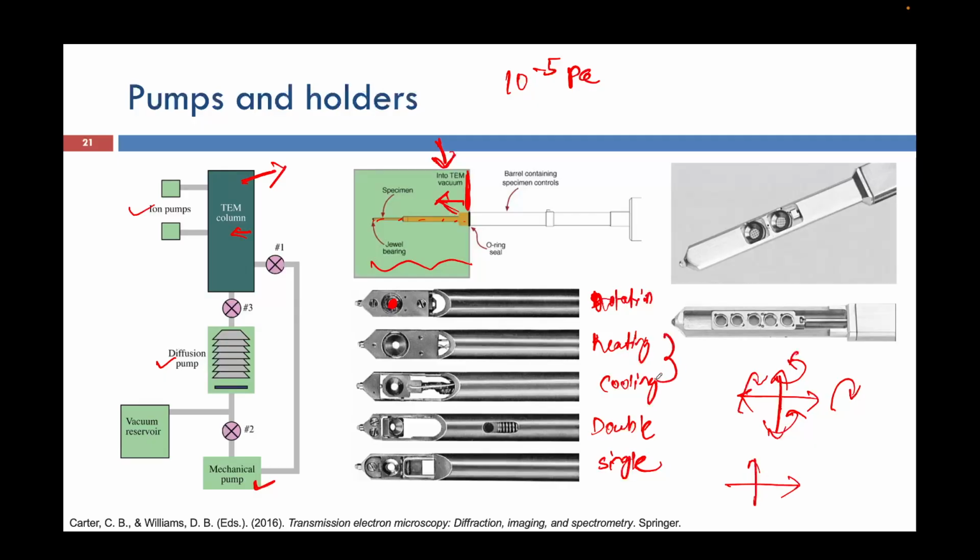Heating and cooling are important for us to understand the phase transformation or the in situ phenomena taking place in our material. This is also a multi specimen holder, and this is a single tilt holder with two different samples. So these are different types of holders that we use for viewing our sample in the specimen chamber.